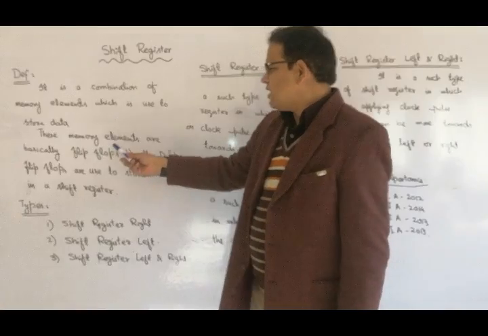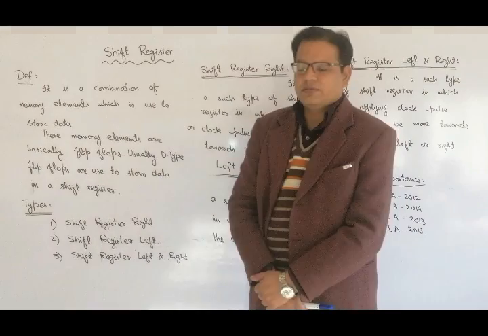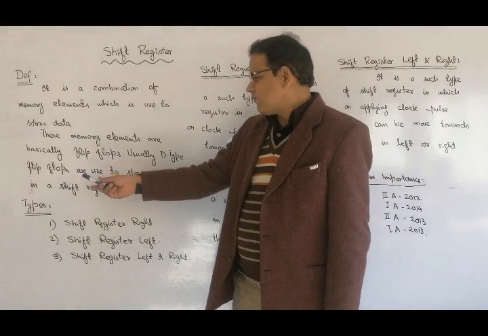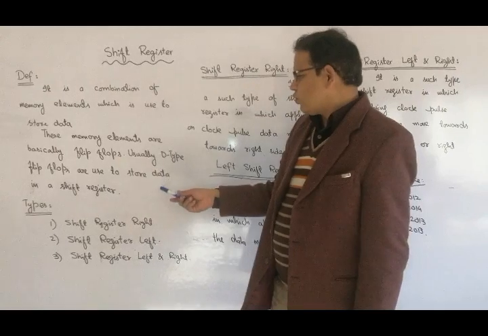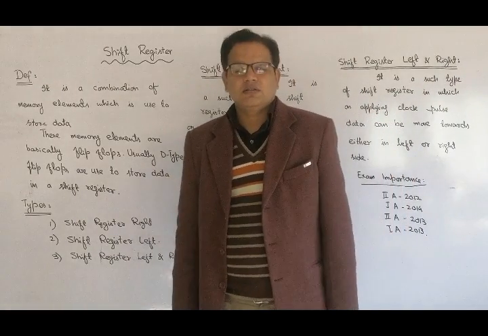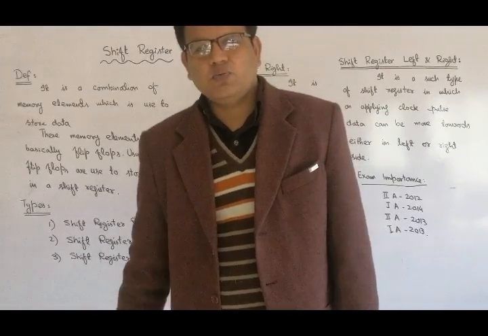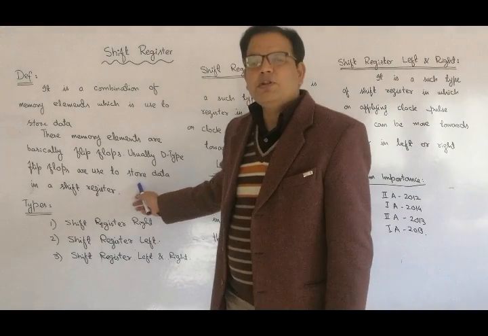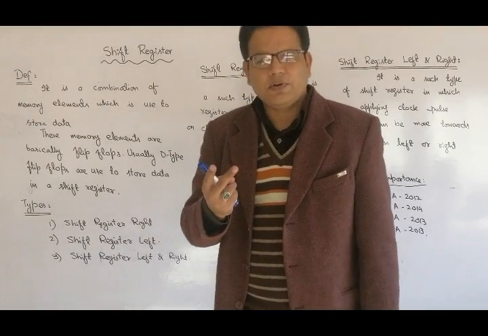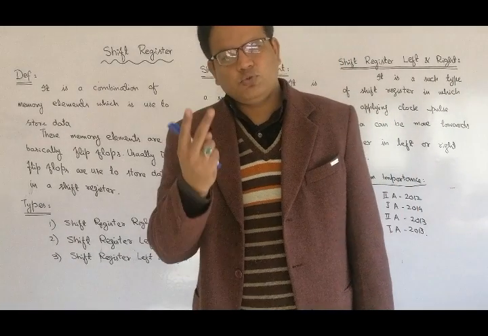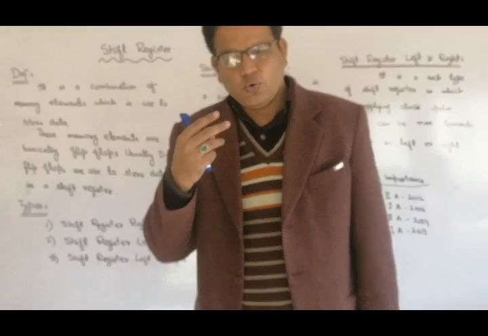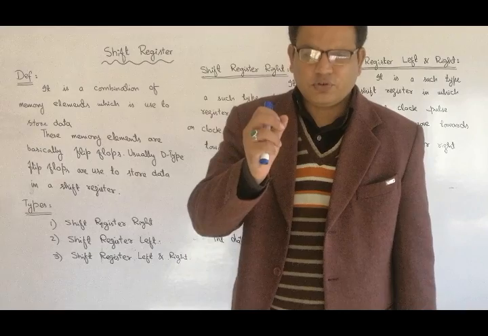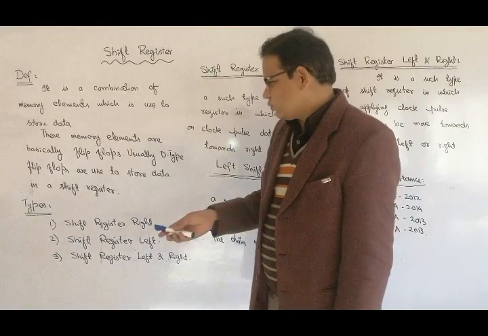For example, two D type flip-flops make a two-bit shift register, which can store two bits and transfer the data.